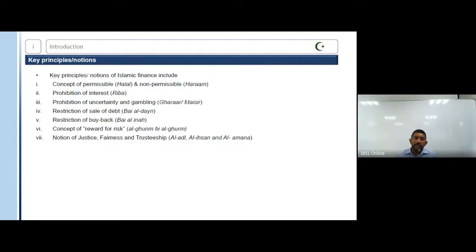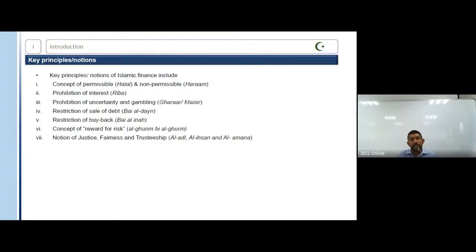Like any other religion, Islam is a religion based on certain values. It has certain value systems, and in that value system, certain activities are permissible and certain activities are not permissible.